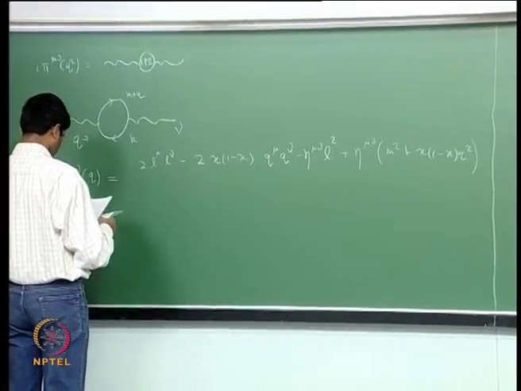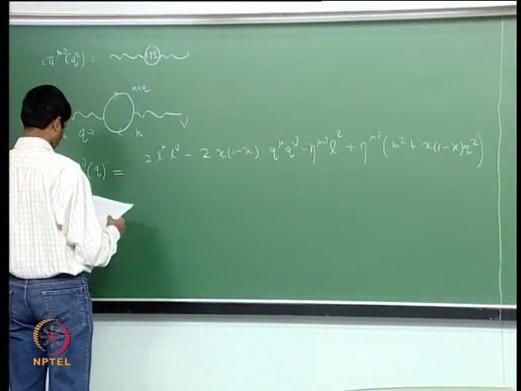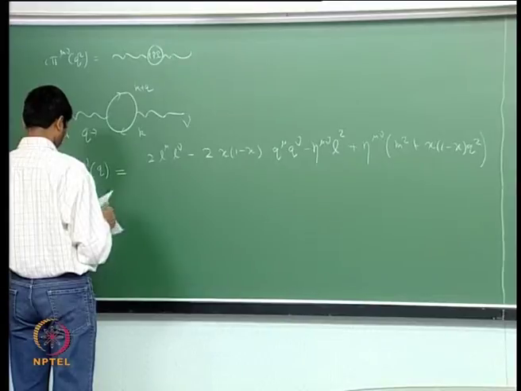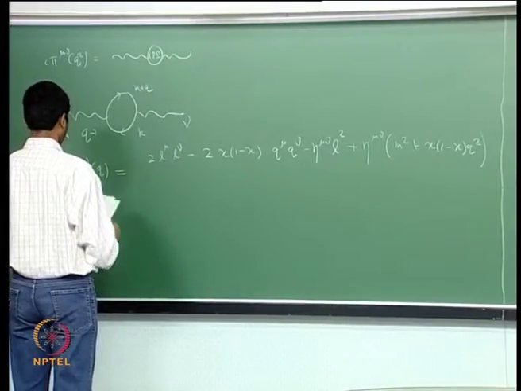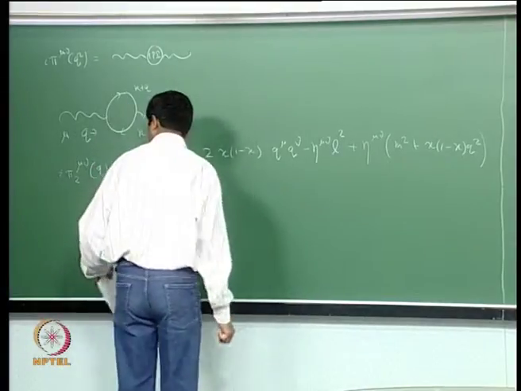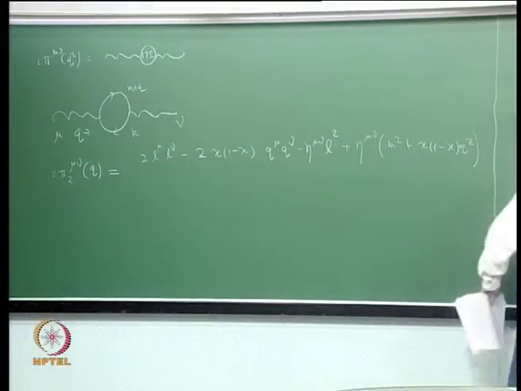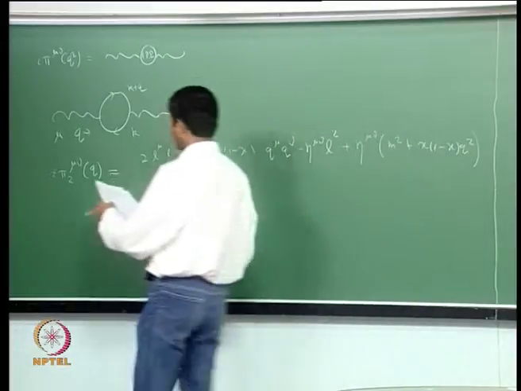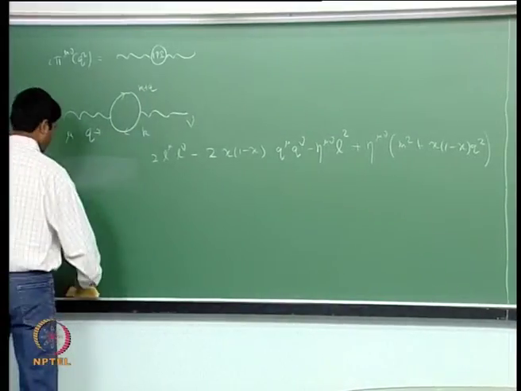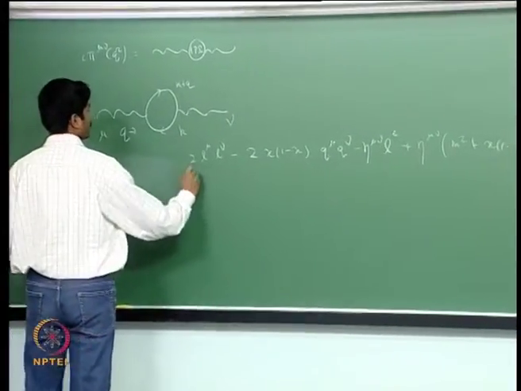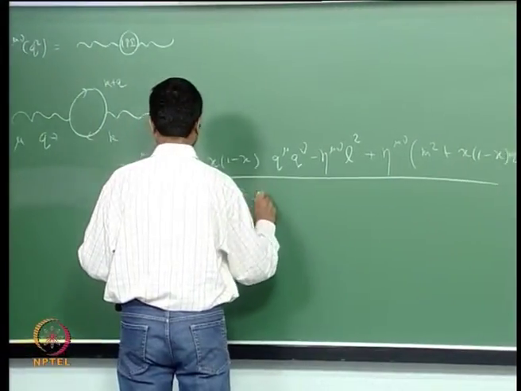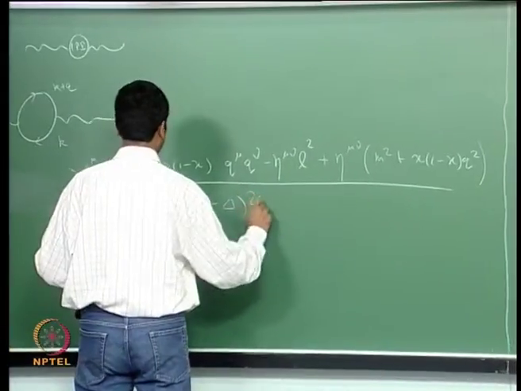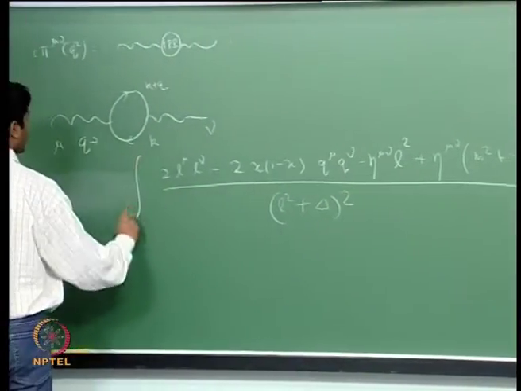This is divided by L square plus delta, whole square, and this has to be integrated.